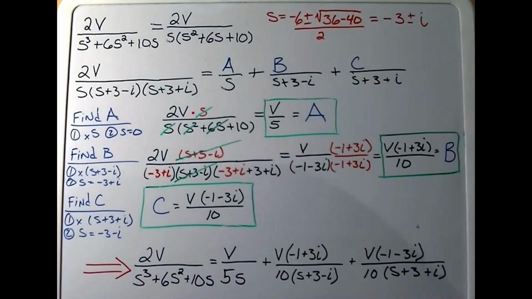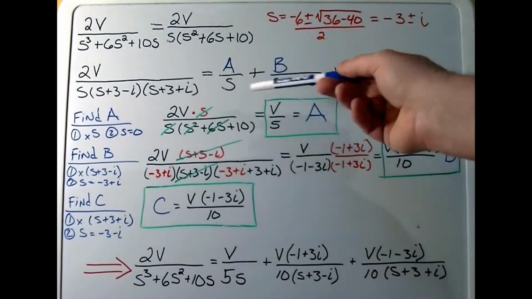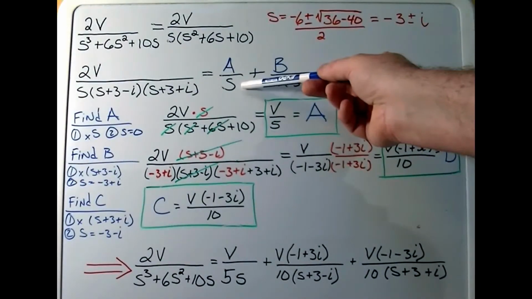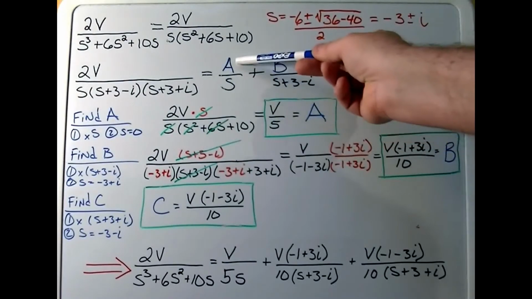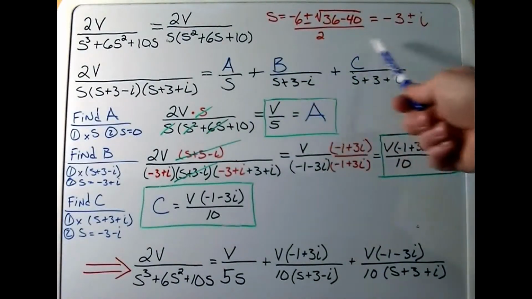They can only be constants in this case. So in partial fractions, if I had, say, a second order polynomial in the denominator, I could have a first order solution up here in the numerator. Okay, so all we need to do then is manipulate this equation to find A, B, and C.